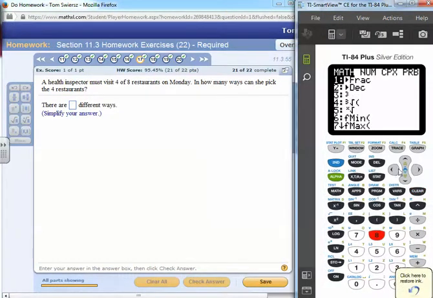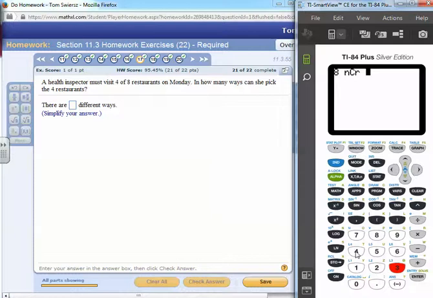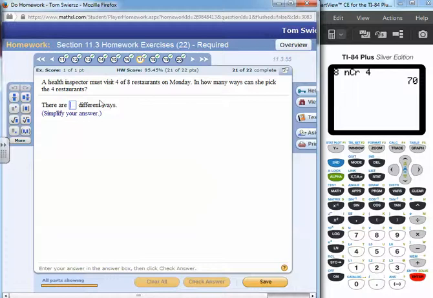We go over to math, hit the math key, go over to probability using the right arrow 3 times. Order didn't matter, we said it was a combination, number 3, and we're selecting 4. So 8C4 solves the problem. We hit enter, and the calculator gives us 70. All right, very good.